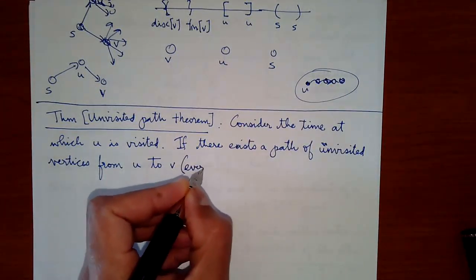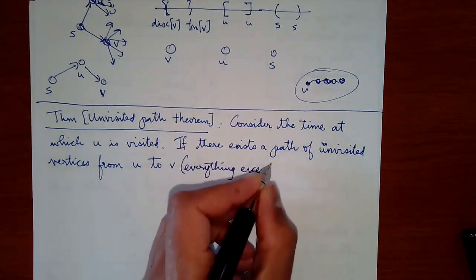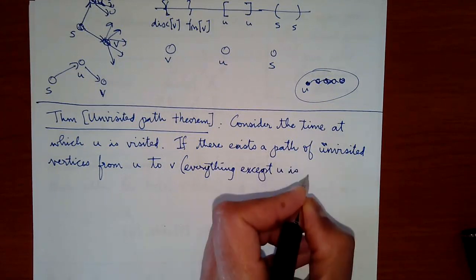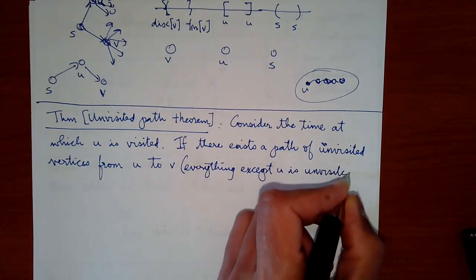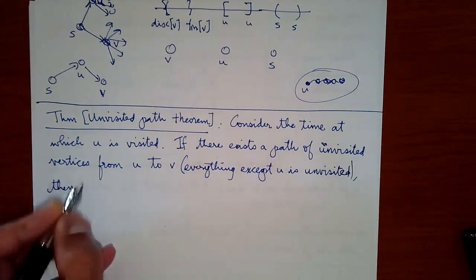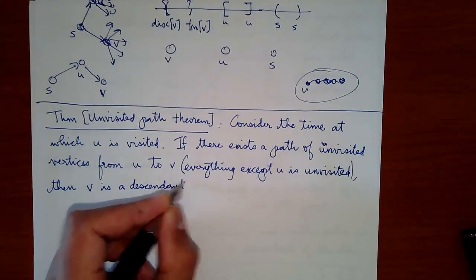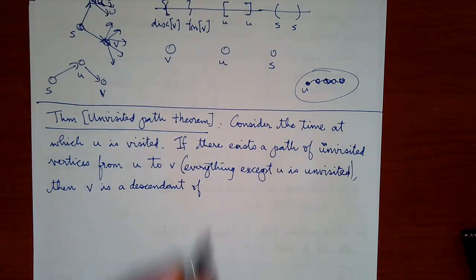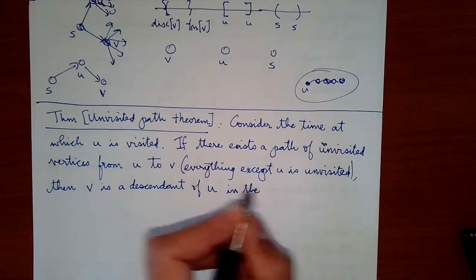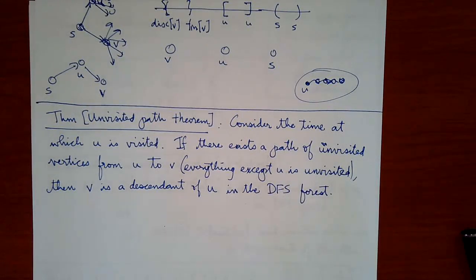So everything except U is unvisited. Then V is a descendant of U in the DFS forest. Does this theorem make sense? Any questions about this?